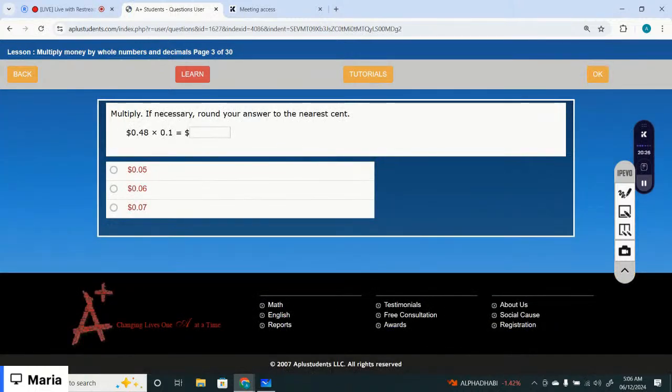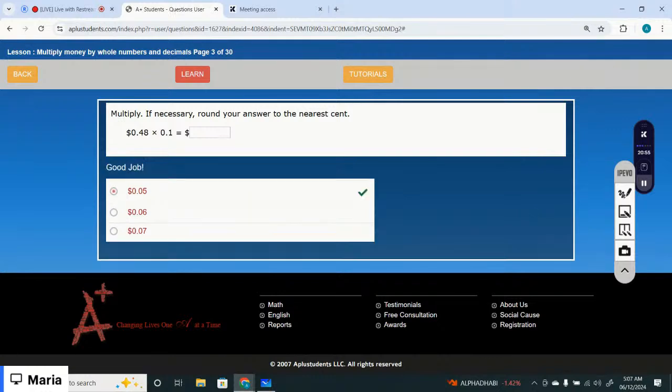0.48 times 0.1. So which is the correct option? You have to round it off. So the correct option is option number 1, that is $0.05.